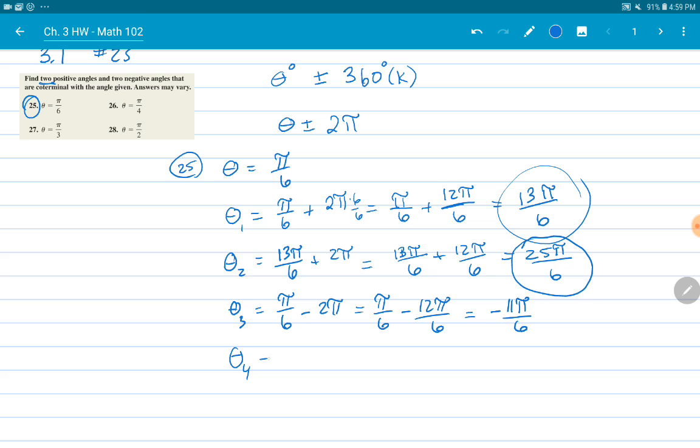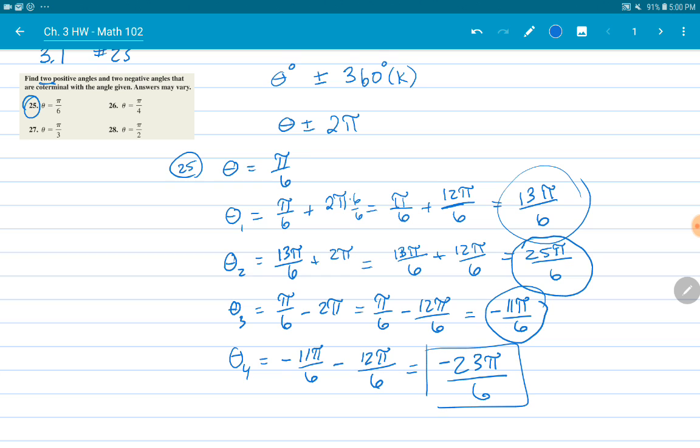And for another negative, I start with negative 11 pi over 6 and subtract another 2 pi, which we've found a couple times now is the same thing as 12 pi over 6, and I get negative 23 pi over 6. So there are my 4 answers.